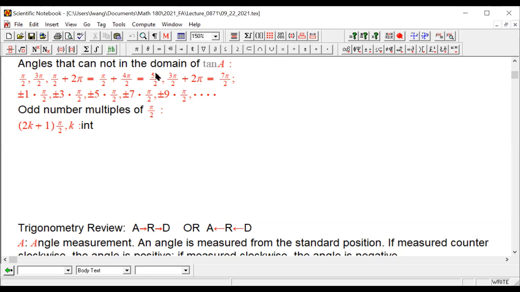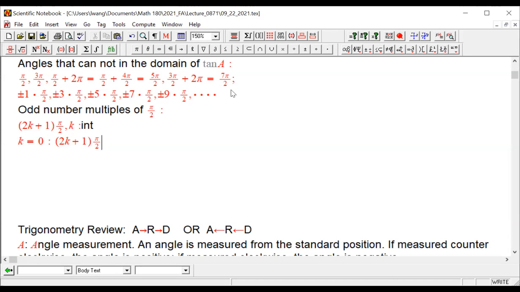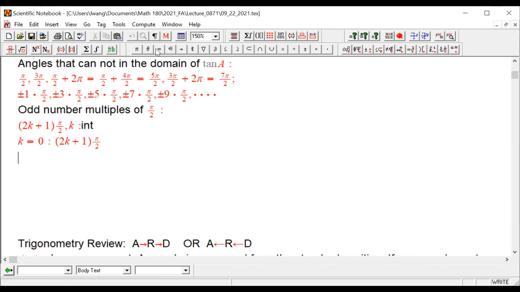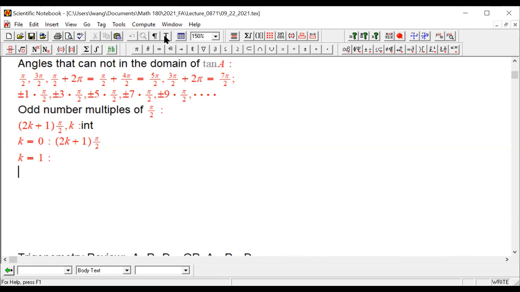So now I will give you a couple of numbers to verify this is the right form. I'm going to give you k equals 0, and you verify that this gives you one of those angles that cannot be. The next one is k equals 1. k equals -1, and so on. k equals 2. Do you follow me?